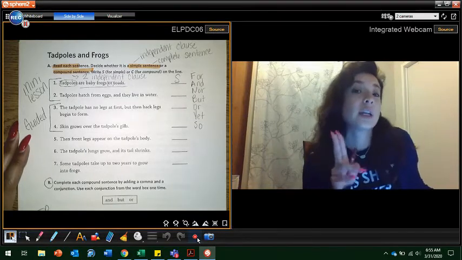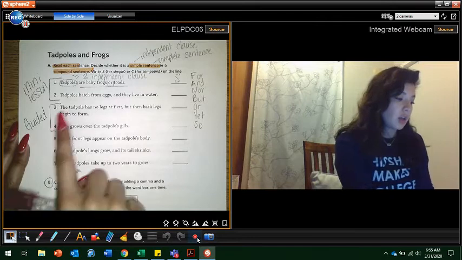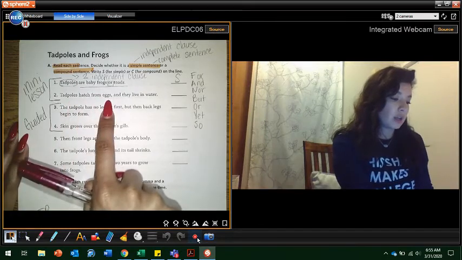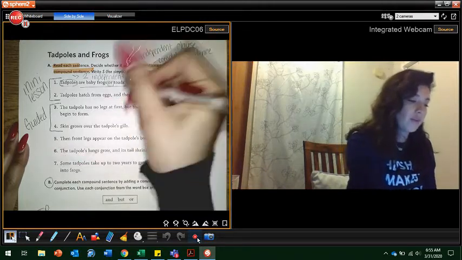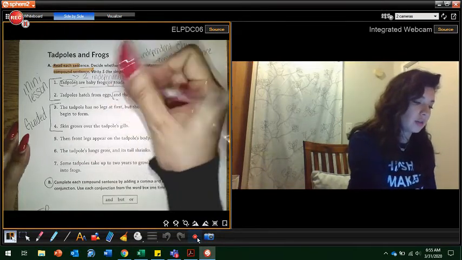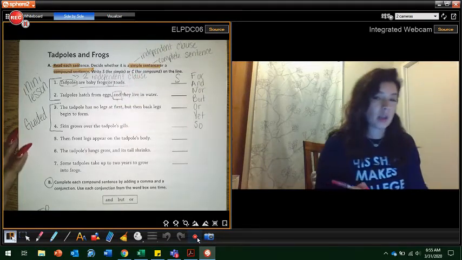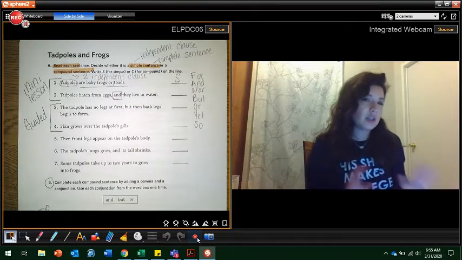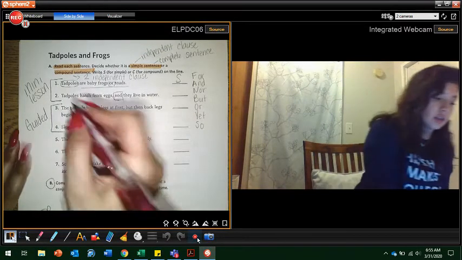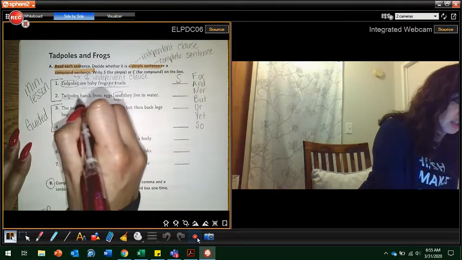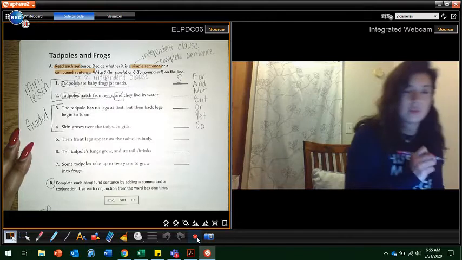Now let's look at number two, because there are some differences here and we need to notice these differences. Tadpoles hatch from eggs and they live in water. So I'm seeing one of my fanboys here again. And I'm noticing I see two ideas happening here. Because first, it's telling me my subject, tadpoles. Well, what do they do? They hatch from eggs.